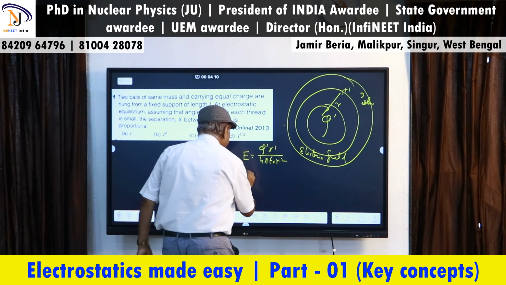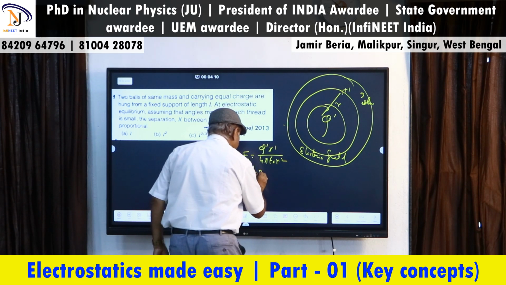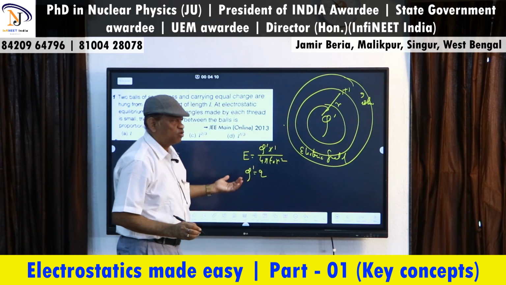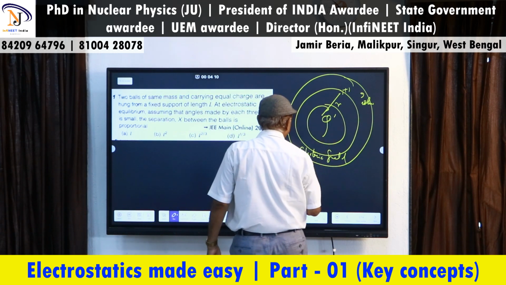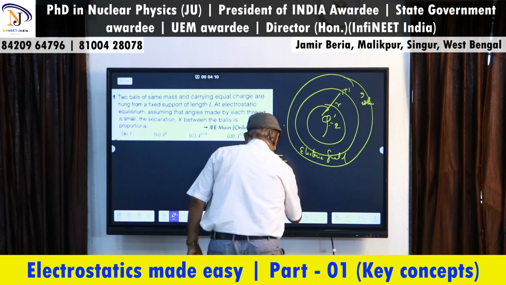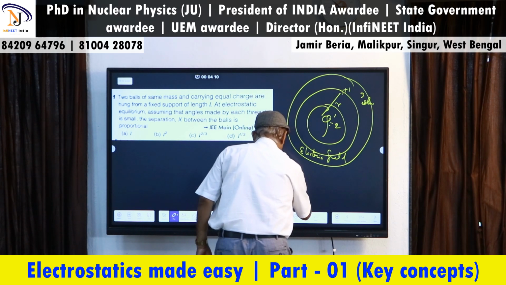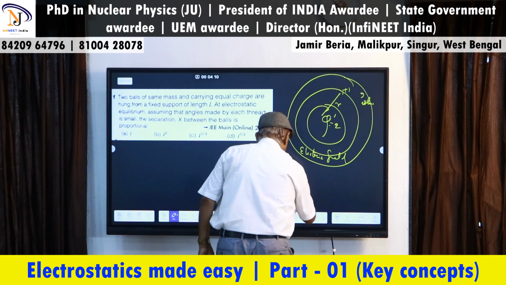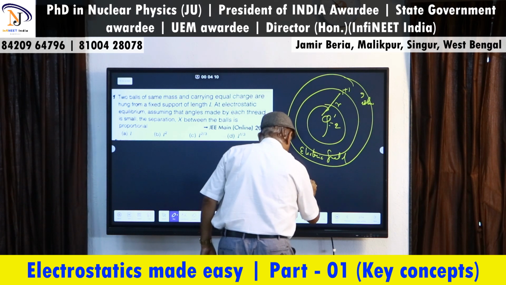Or you may consider Q dash equals to Q. If Q dash equals to Q, then you can write E equals to Q by 4 pi epsilon naught into r square.